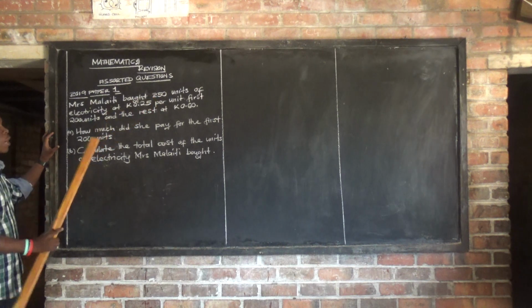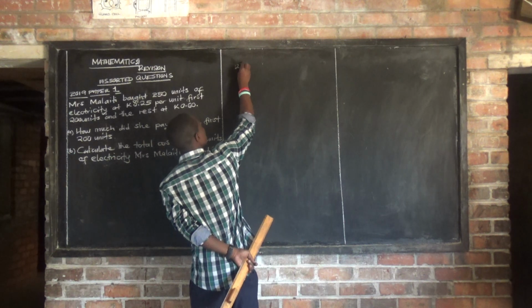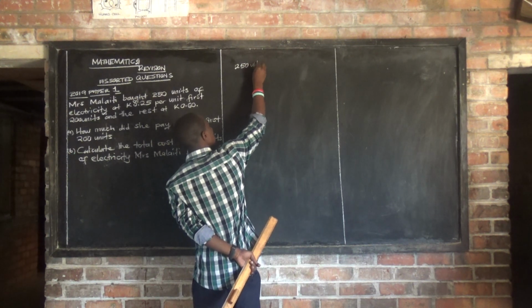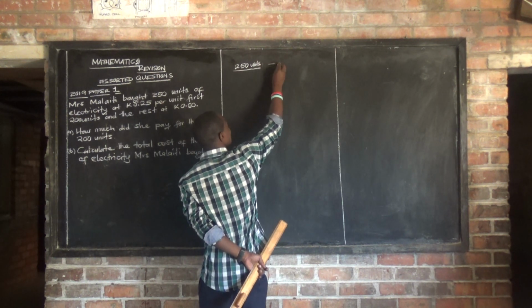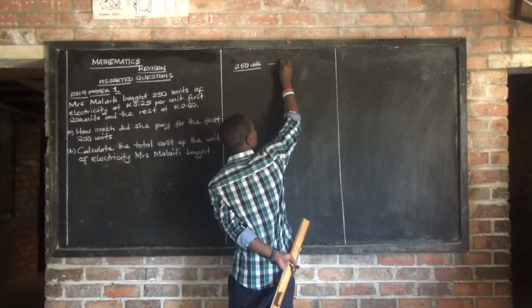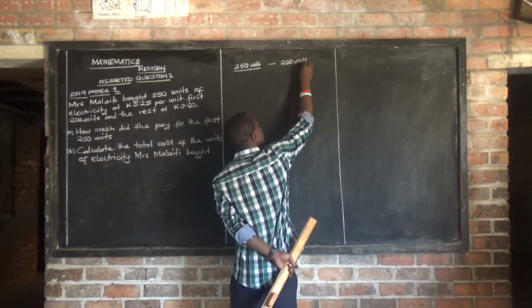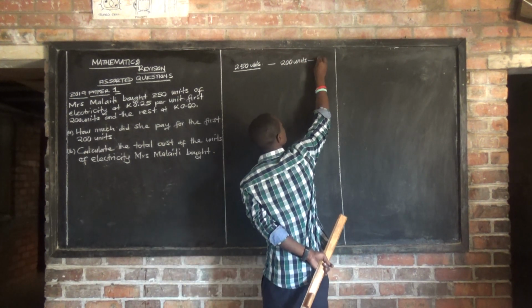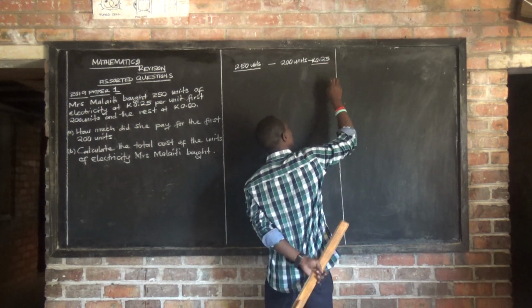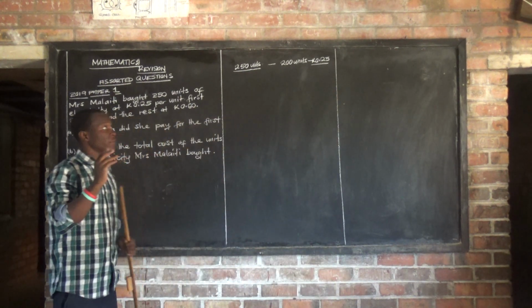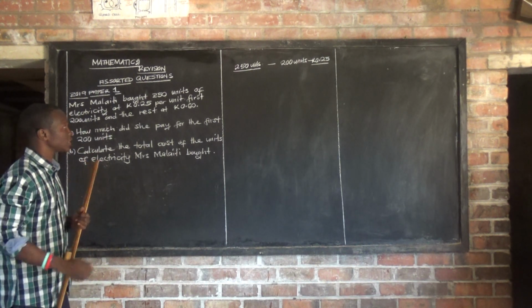Out of this 250, the first 200 units she bought at 25 Ingwe per unit.